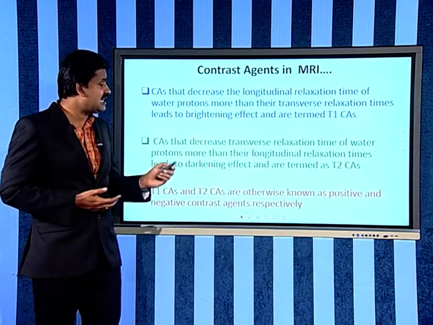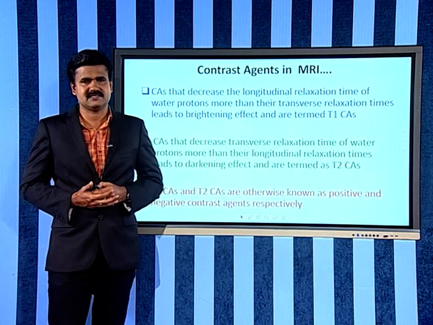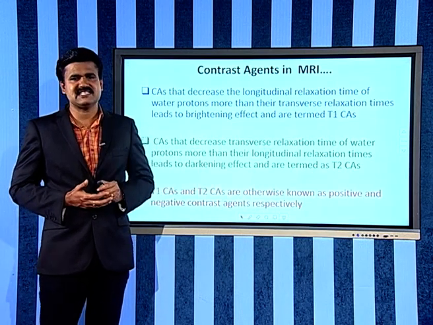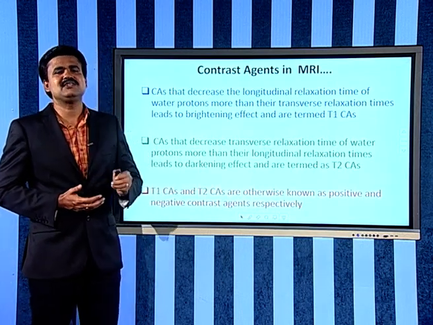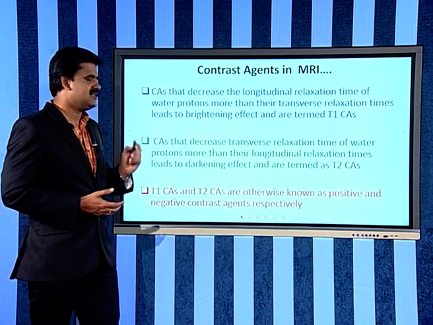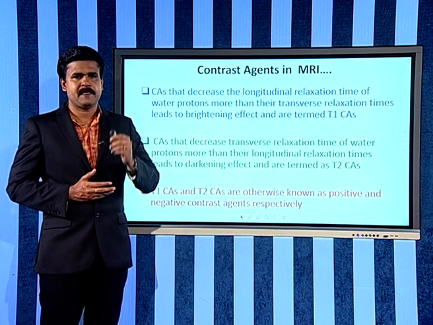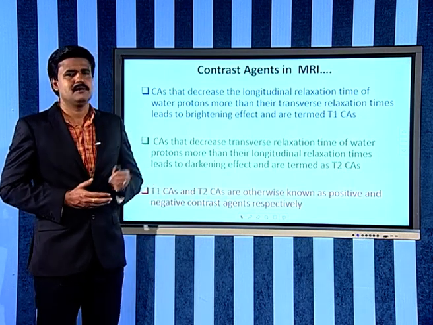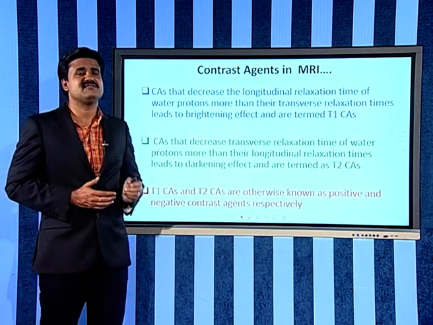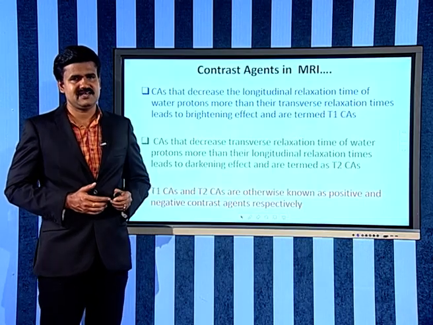This leads to a darkening effect in the MR image, and such contrast agents are denoted as T2 contrast agents. T1 and T2 contrast agents are otherwise known as positive and negative contrast agents respectively.